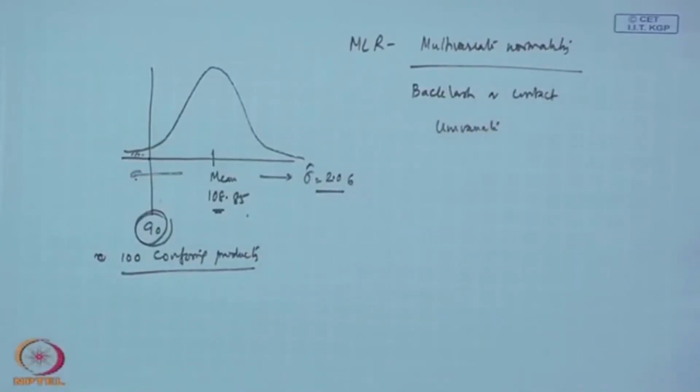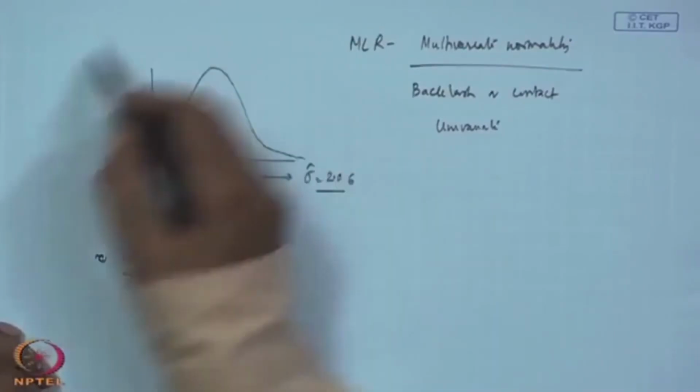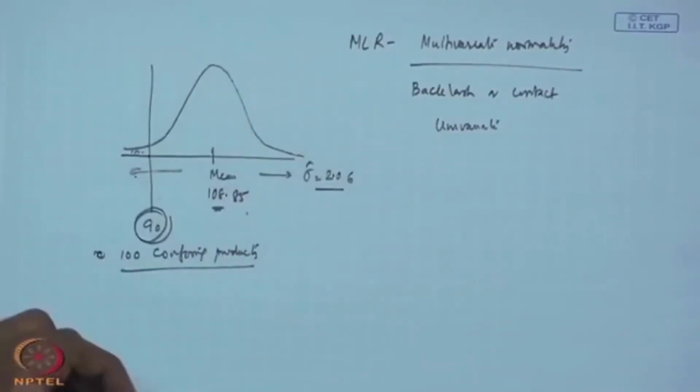In addition, we have assumed that even the process variables behave like they come from a normal distribution or normal population. Although in multiple regression we are not interested in the x distribution, we are rather interested in the y distribution, because error will capture the y's part and x will be treated as fixed values, different fixed values. Okay.